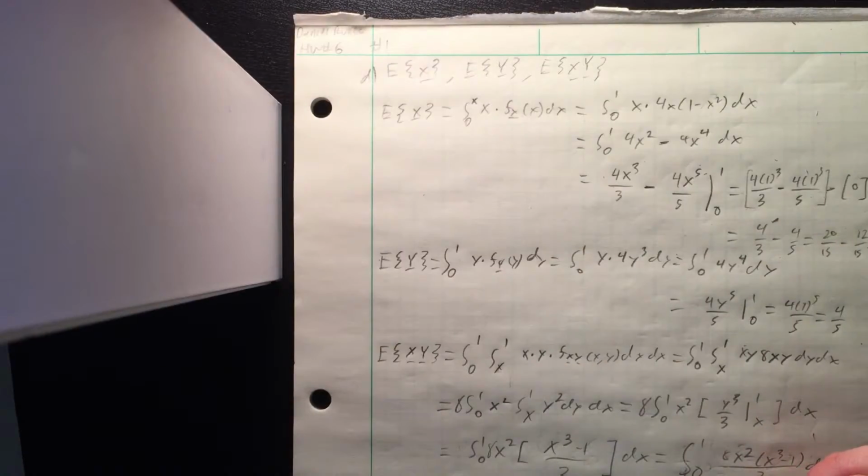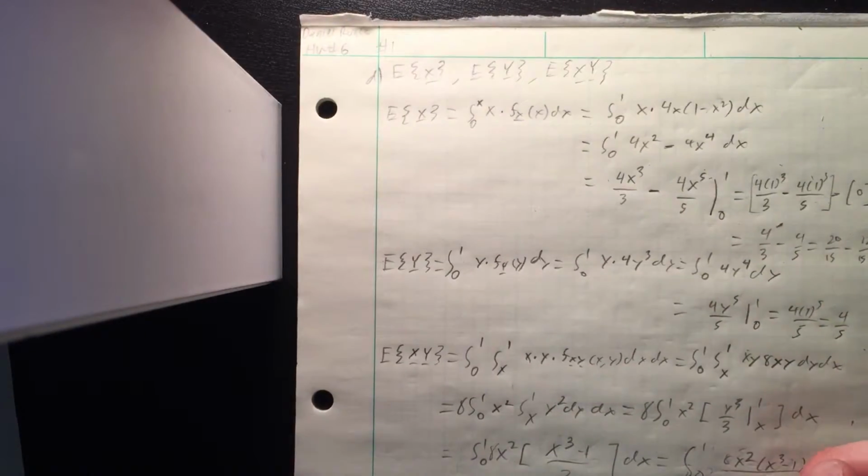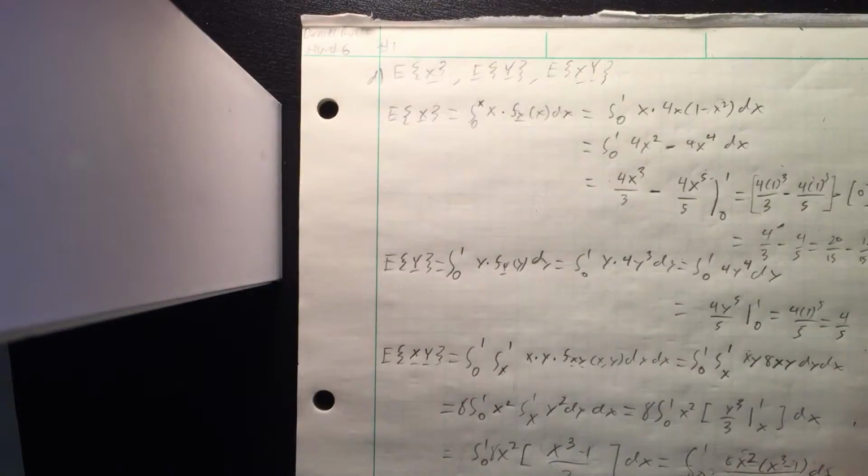8x cubed squared over 3 is equal to 0. 8x to the 5th and 5th minus squared over 3.